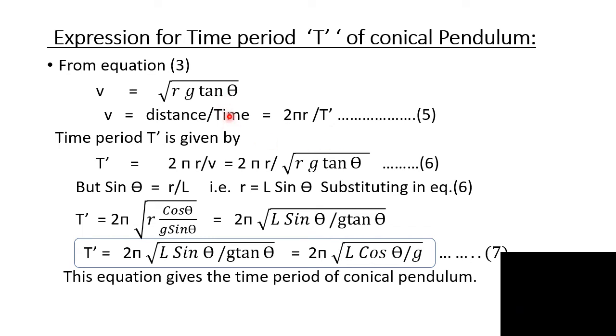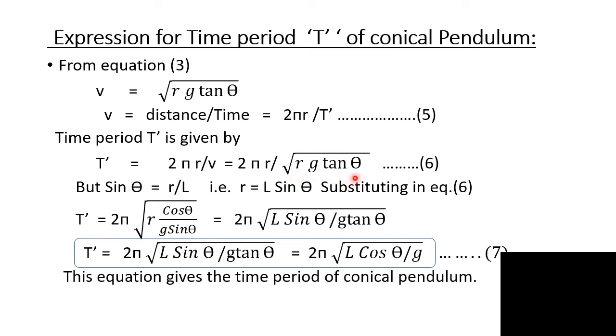Now, comparing the right hand sides of these two equations, we get T dash equal to 2 pi r upon v, which is 2 pi r divided by root rg tan theta. If r is taken inside, then root r square upon rg tan theta.